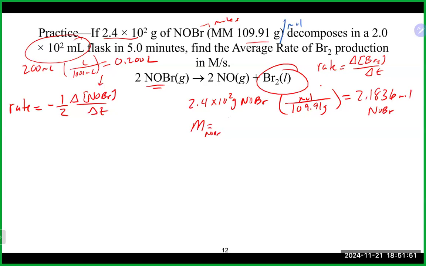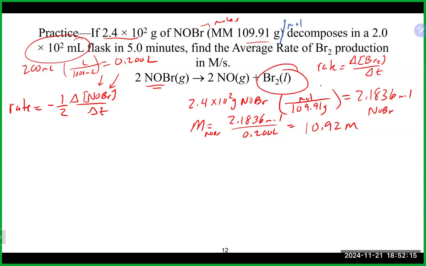That would be 2.1836 moles divided by 0.2 liters. And that's going to get us 10.92 molar. That is basically the amount of NOBR that's going to decompose, basically the molarity of it.